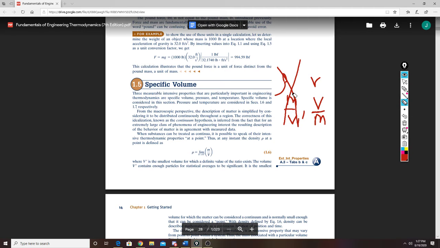So that goes away. This is the one that I want you to know: specific volume is V over M, which is in terms of feet cubed per pound, or cubic meters per kilogram. Sorry, that's what it is.